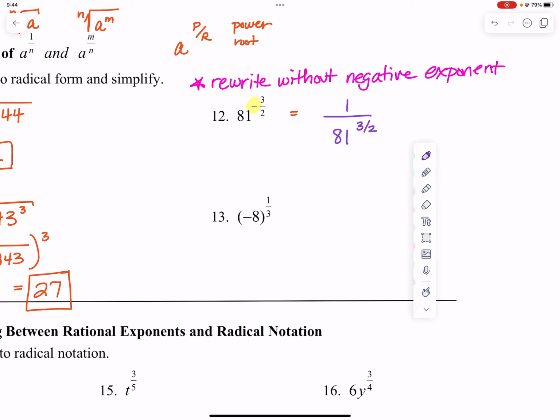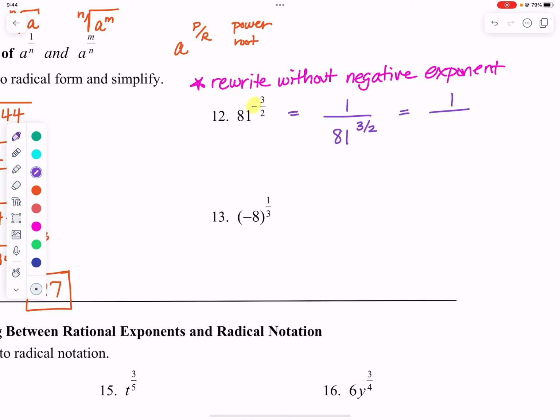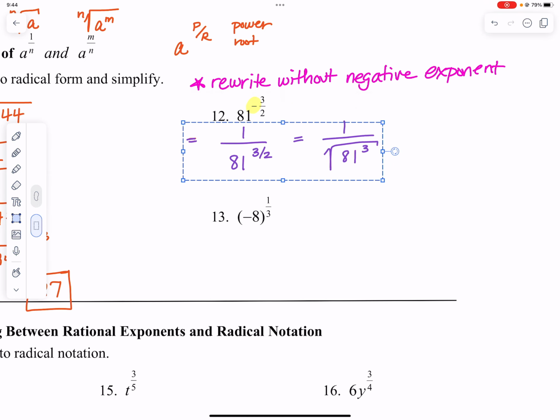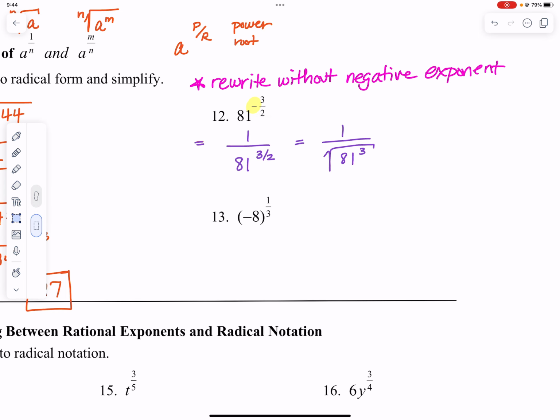And that makes that exponent now positive. Okay, so let's keep going. This is 1 over 81 has a power of 3 and it's a square root. And we just talked about being able to go ahead and take the square root of 81, and then when we're all finished, we will cube it.